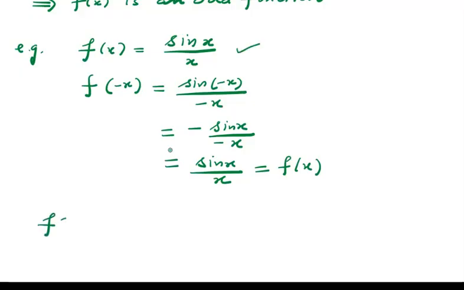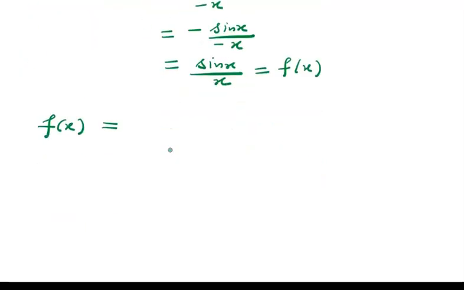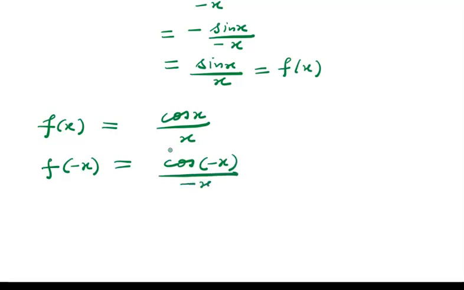Now let us consider f of x as cos x upon x. If you replace x with minus x, you get cos of minus x upon minus x.